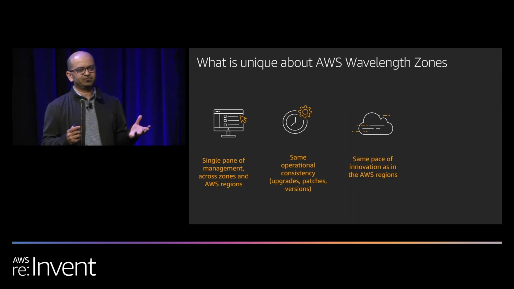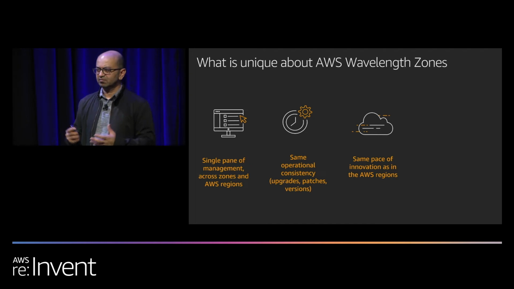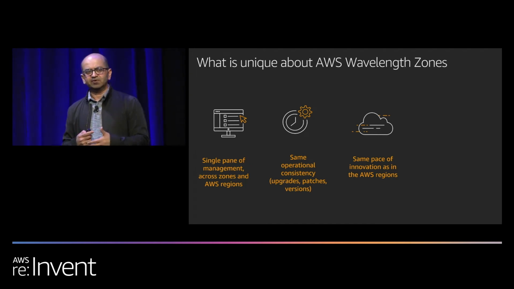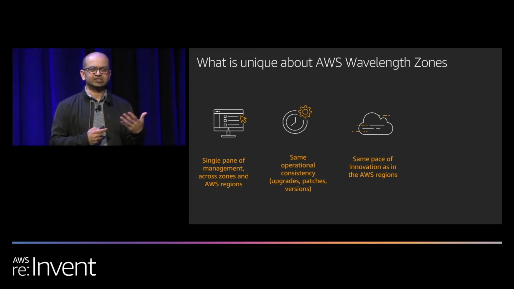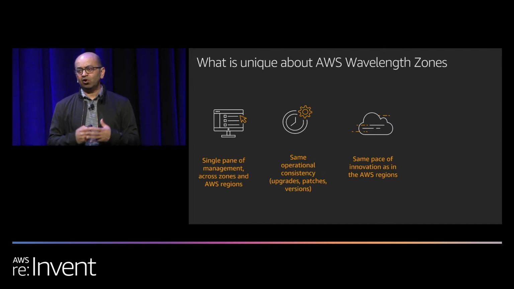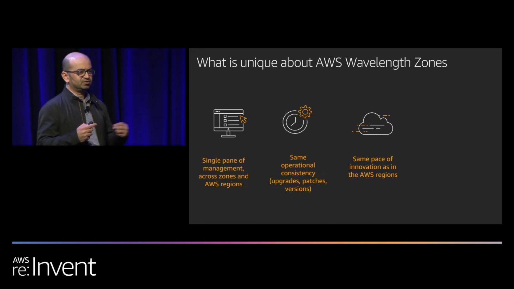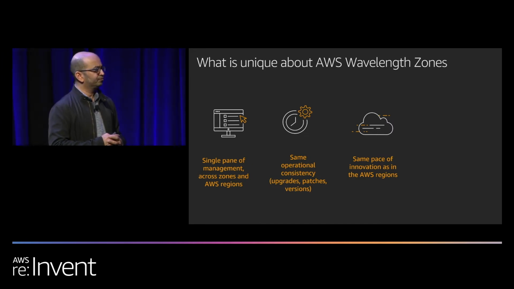Thirdly, the pace of innovation is also the same. We at AWS innovate very rapidly. We are constantly delivering new services, building new features and capabilities in our regions. And all of those will be immediately available in wavelength zones because, again, of the connectivity to the region.